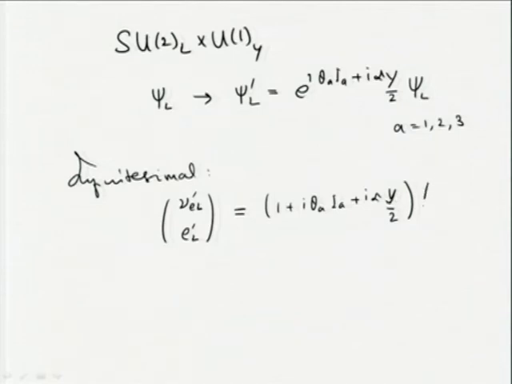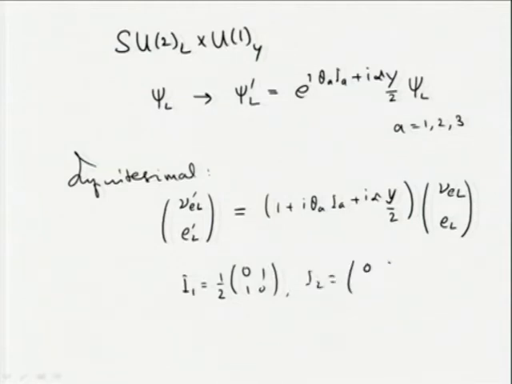This acts on (ν_L, e_L). I^a is a 2 by 2 matrix. For the first term and the last term there is no 2 by 2 matrix, but we will assume that there is a unit 2 by 2 matrix. In particular, I^1 can be written as the Pauli matrix over 2, (0 1; 1 0)/2, I^2 is the second Pauli matrix σ_2 over 2, and I^3 equals 1/2 (1 0; 0 -1).